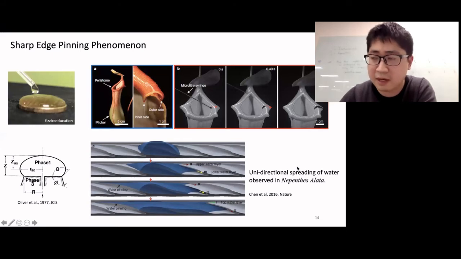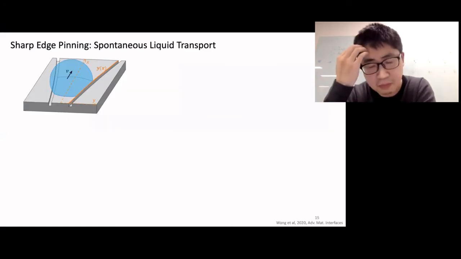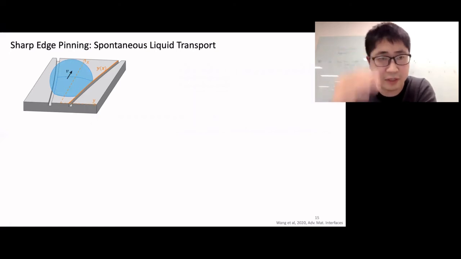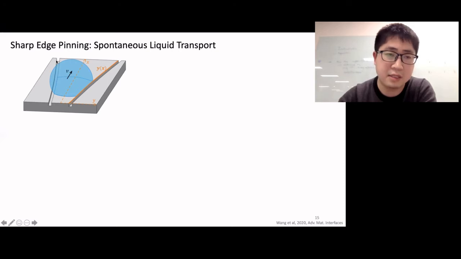Inspired by this work, we first moved to a very simple system instead of going into porous media. We think about, again, doing some spontaneous transport of liquid. Here you can see that this is just a plate.